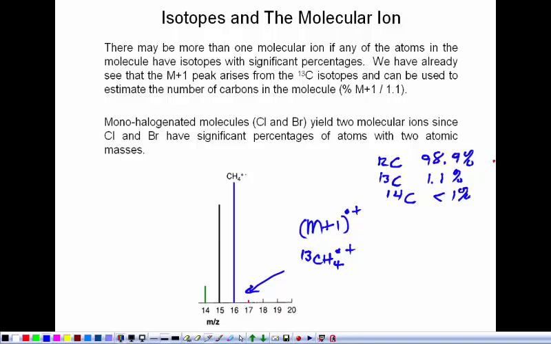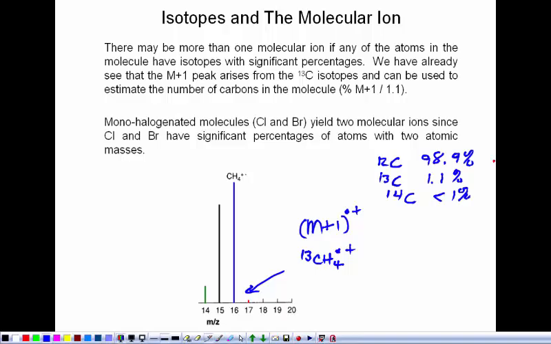So what that means then is if I had 100 methane molecules, one of them would have a carbon-13 in it, and the other 99 would have carbon-12s. And if I made the sample big enough, eventually I'd find one carbon-14. Okay. So this peak at 17 is that one molecule in 100 that weighs 13. And so the 13 plus the 4 gives you 17.